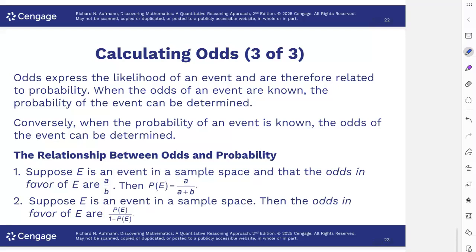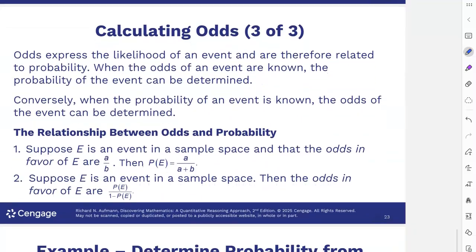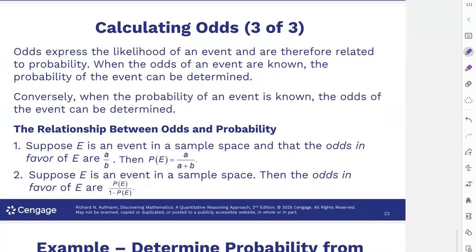When odds of an event are known, the probability of the event can be determined, and we could figure that out using the formula. Suppose E is an event in the sample space and that the odds in favor of E are A to B. So the probability would be A over A plus B.